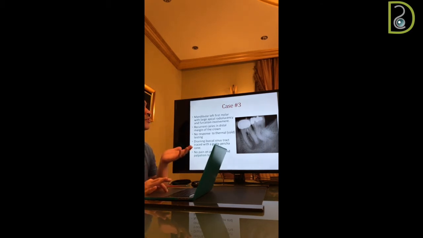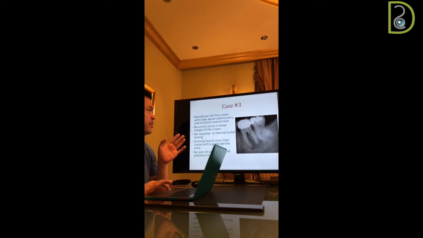That means this tooth is pulpally necrotic. Draining buccal sinus tract. If you feel gutta percha here, it gives you a tip that you have a fistula or sinus tract, and we are putting the gutta percha to make sure exactly where the sinus tract originates from. Then no pain on percussion and palpation.